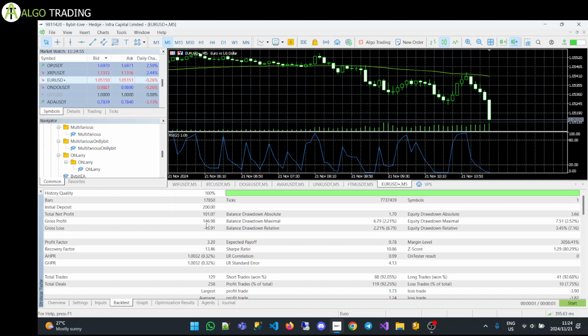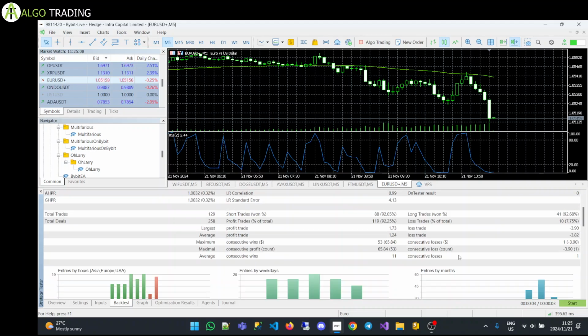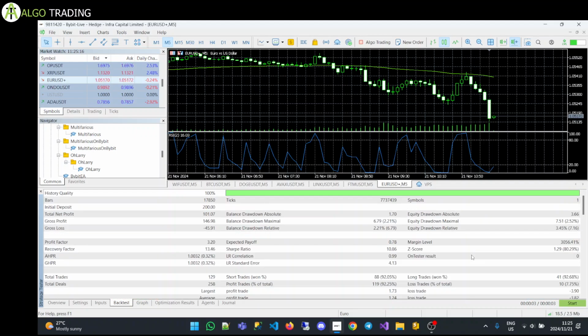So we had an initial deposit of $200, a net profit of $100, and you could see our drawdown is only 2%. So very safe strategy. We have a 92% win ratio, and you could see that we have 11 consecutive wins to 1 loss. So very, very nice safe strategy.